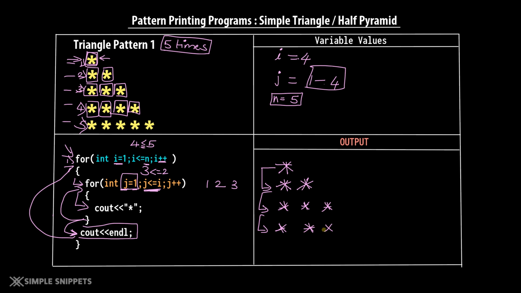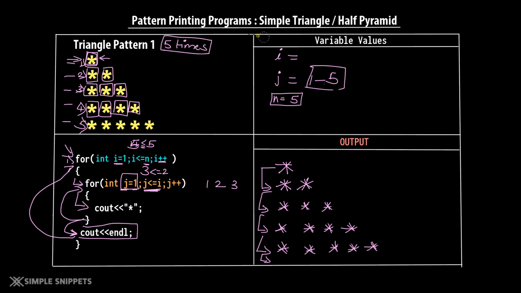So star will be first printed 4 times and then we will go on the next line. This time i will become 5. I'm speeding up a little bit, but I'm assuming you guys got the condition and how we've put this exact condition. So when i becomes 5, j will iterate from 1 to 5, which is 5 times. So 5 times the pattern will be printed. So star, star, star, star and star, and again we will come on a new line.